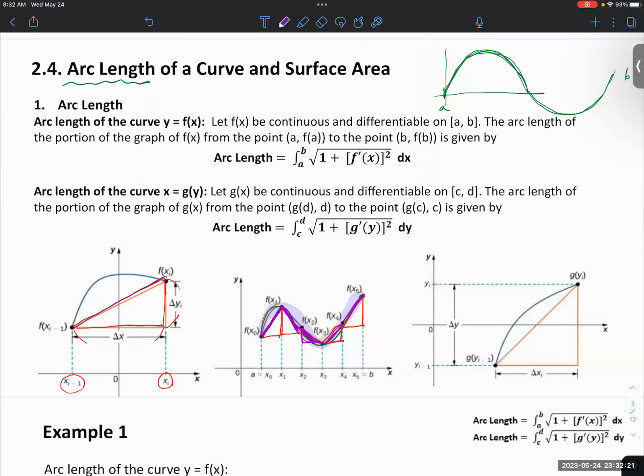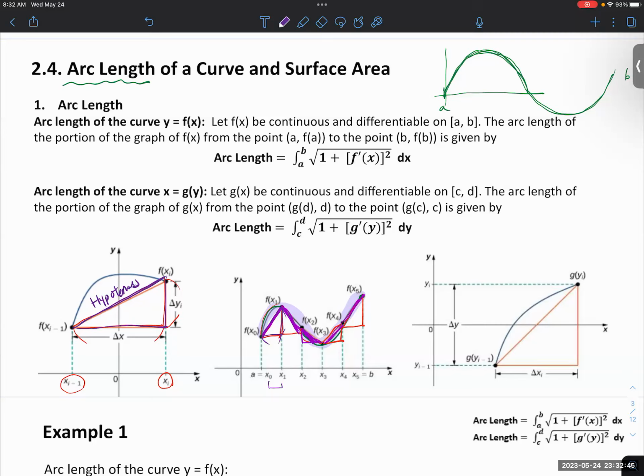So one more time. There are an infinite number of right triangles. We keep adding the hypotenuse of the right triangle. This is the length of the hypotenuse of the right triangle. Because if you have a right triangle, it's easy to find the distance between two x's. This is the distance between two y's.